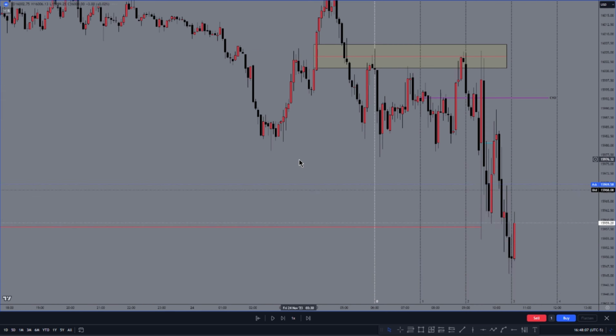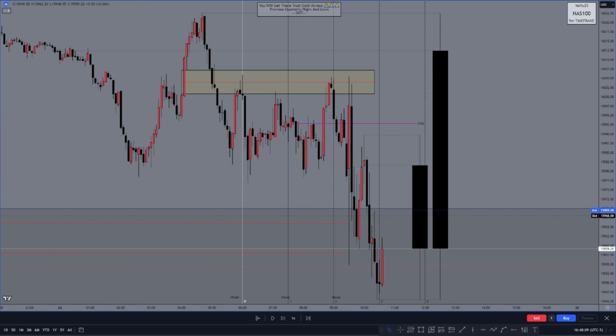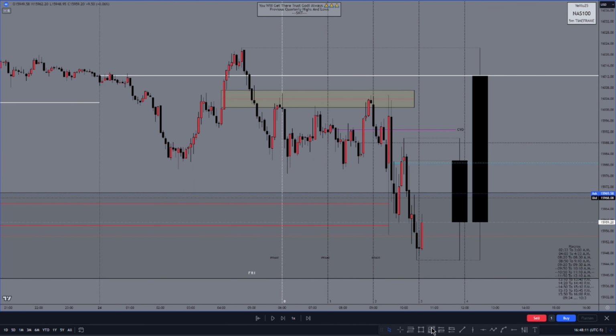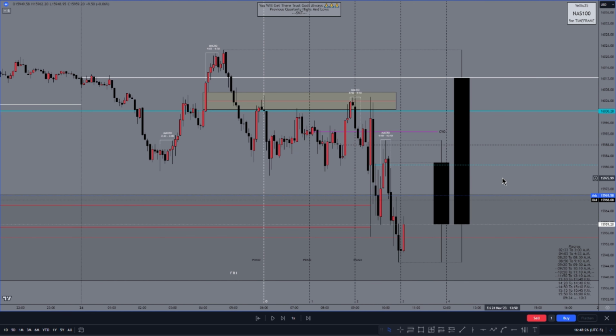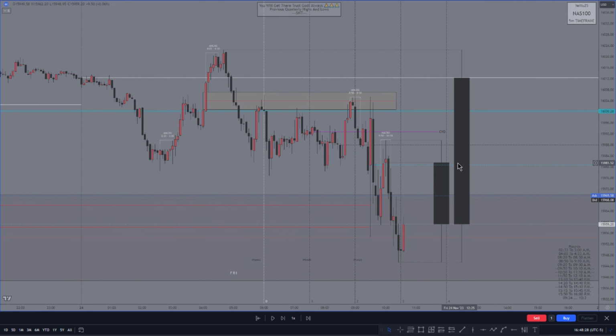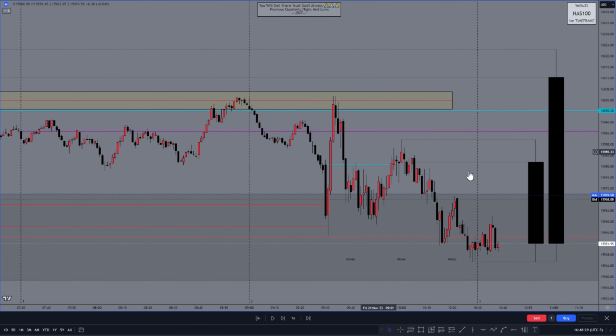Look at this. Like I said, we have this level here. Like I said, 50% level. The 50% level is here, right? As you can see here, and we go to the 1 minute chart, sorry, my mistake.